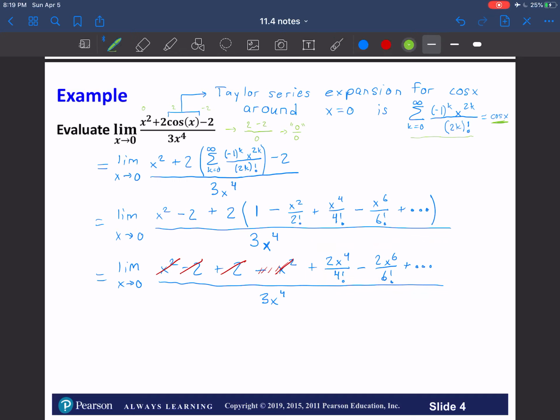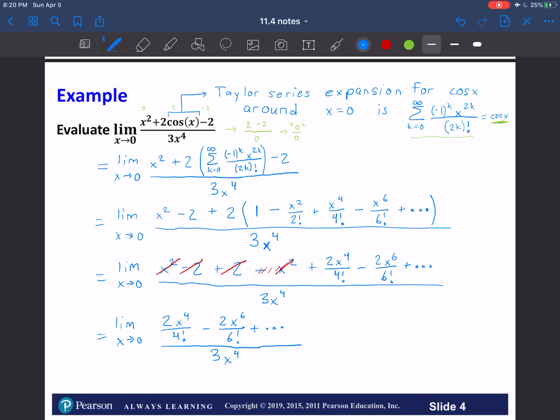So let's write down the simplified version. This is the limit as x approaches 0 of 2x to the 4th over 4 factorial minus 2x to the 6th over 6 factorial plus and so on, divided by 3x to the 4th.